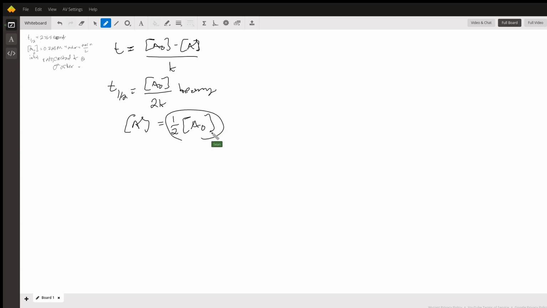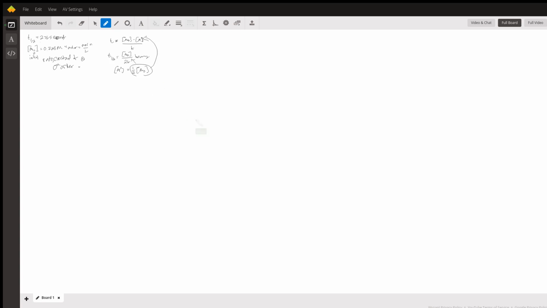So plugging this in leads to this. So then I can plug those in to the equation to get the half-life is equal to initial concentration over 2 times the rate constant.